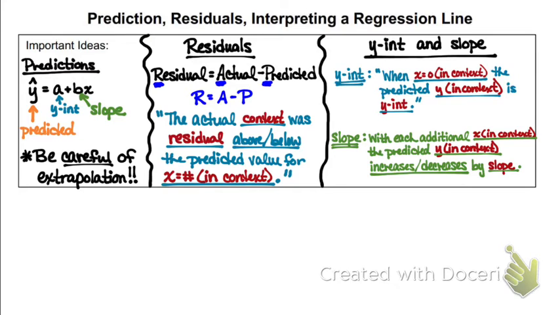It's usually about option 8 when we go there. So we want our y-intercept first, and then we want our slope. Be really, really careful making predictions based on extrapolation. For our residuals, residual equals a minus p, or RAP. That's another way you could remember that as well.